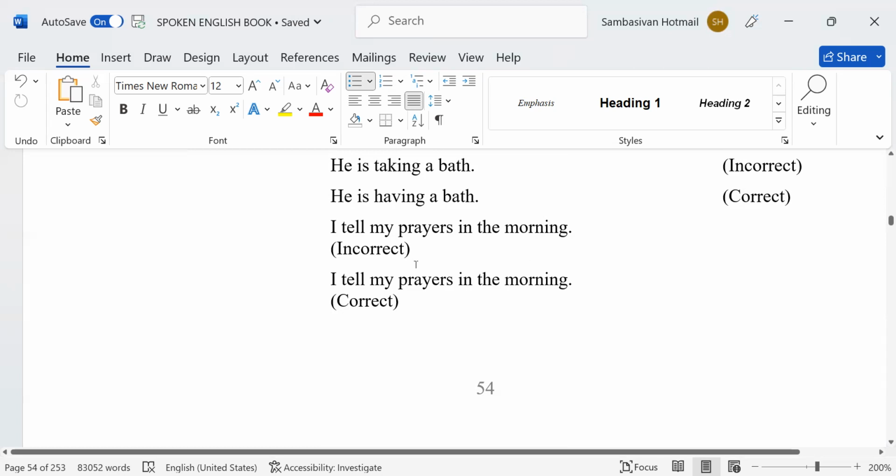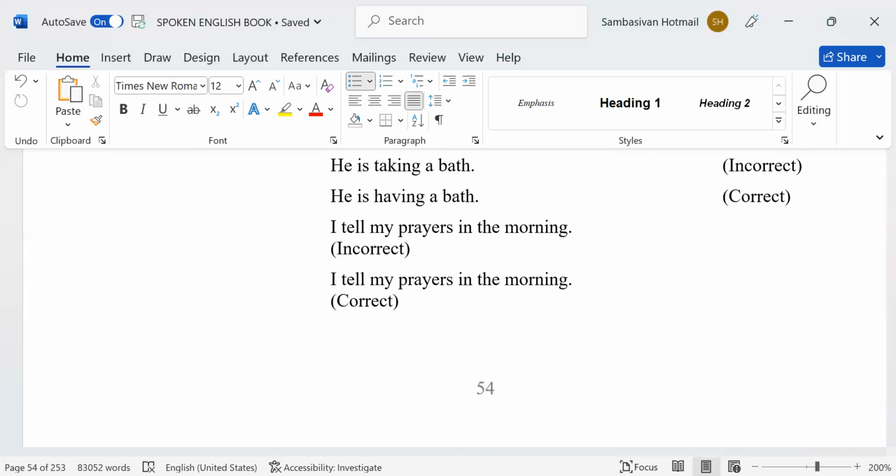"I tell my prayers," both are the same, no? "I tell my prayers in the morning." Let us see what the mistake is.